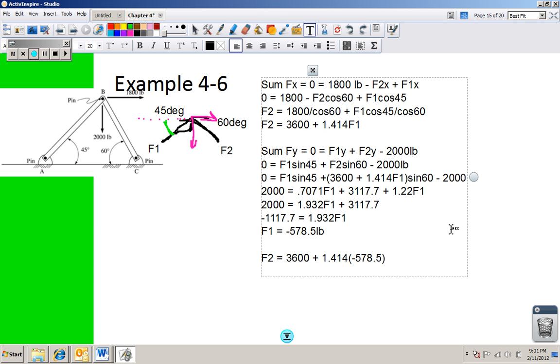Alright, and I get F2 is equal to 2,782 pounds. Okay, so this ends our examples on concurrent forces.